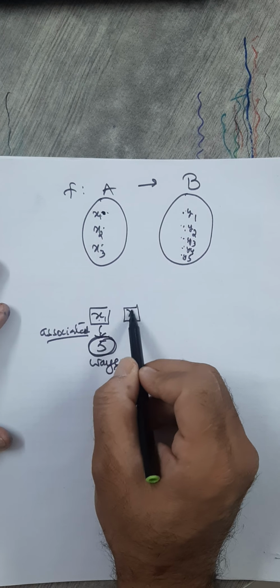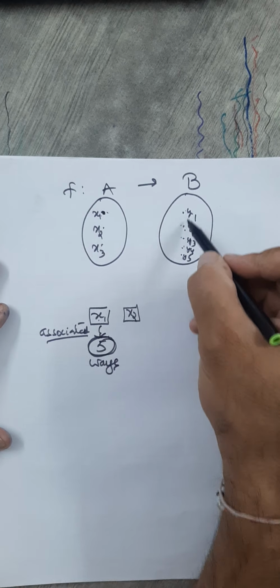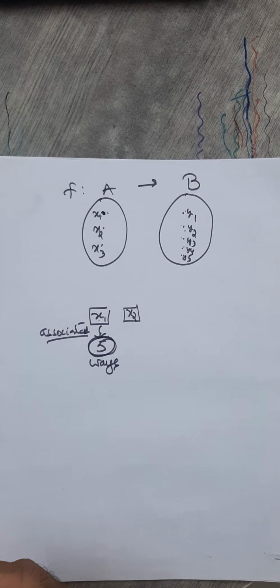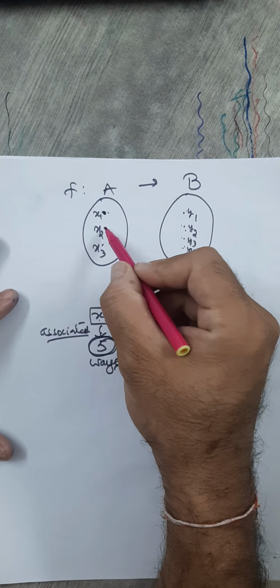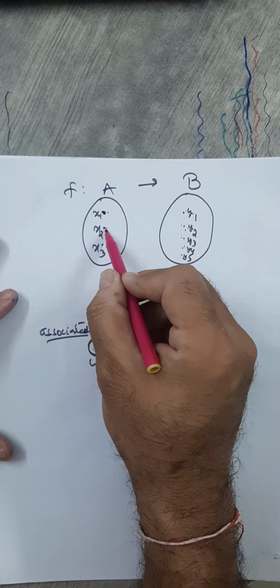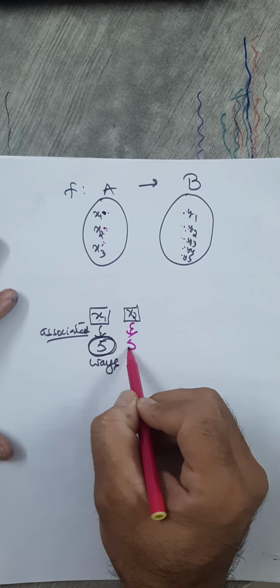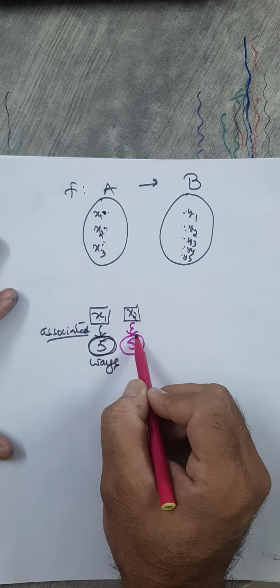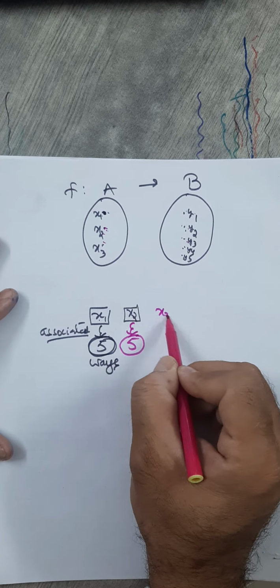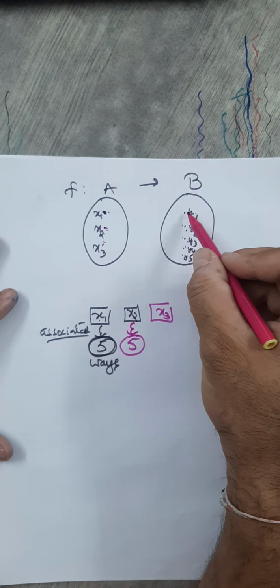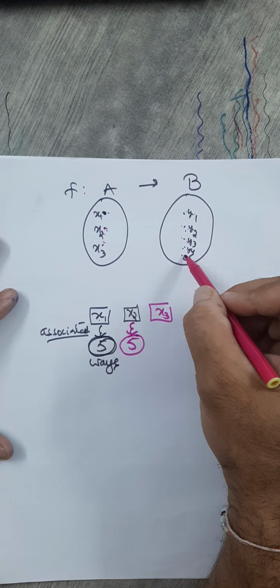Come to x2. For x2 also the same condition. You can take it with any one of the 5 members. That means this can be associated in 5 ways, because there are 5 members here. Come to x3. So x3 can be with y1, y2, y3, y4, y5.